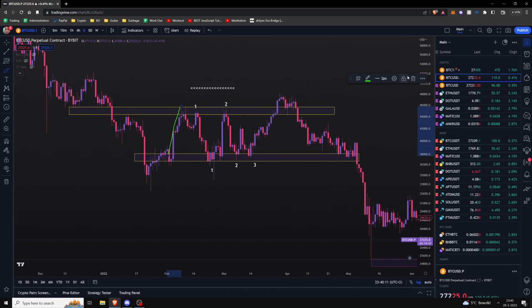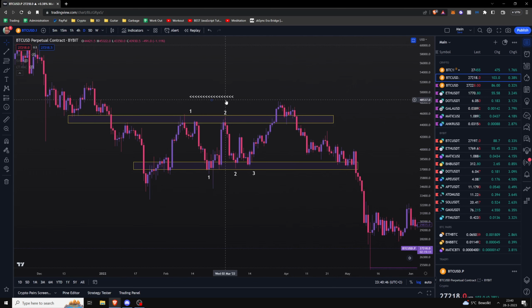But as traders, we're trying to play probability. We're not trying to be right all the time. We're trying to just be right enough of the time, and we do that by playing the probabilities. And as we can see here, we got one breakout and 5 tests that held, and now we had one fake out here, but that again leads us into how we would actually play these breakouts.